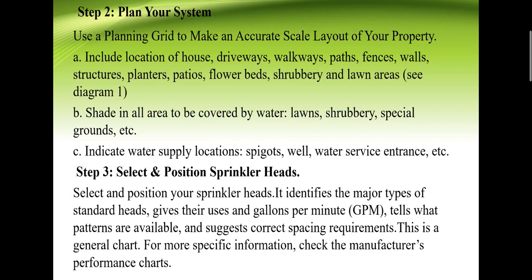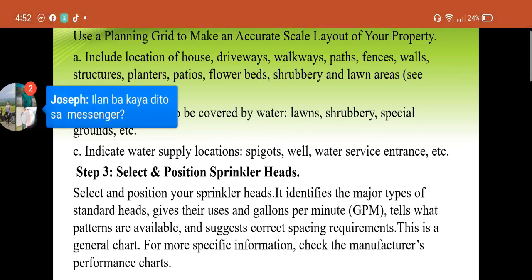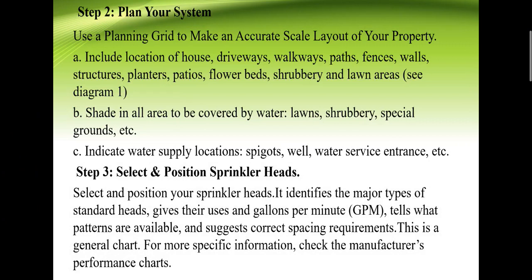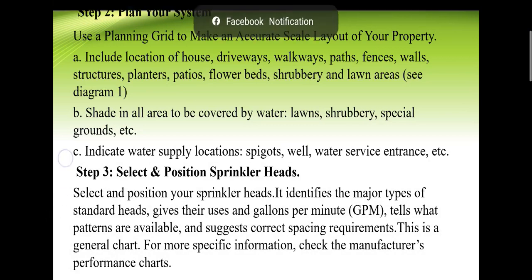Shade in all areas to be covered by water: lawns, shrubbery, special ground, etc. Indicate water supply location, spigots, well, water service entrance, etc. Use PVC or polypipe. PVC has glue-type joints and polypipe is a flexible hose type.